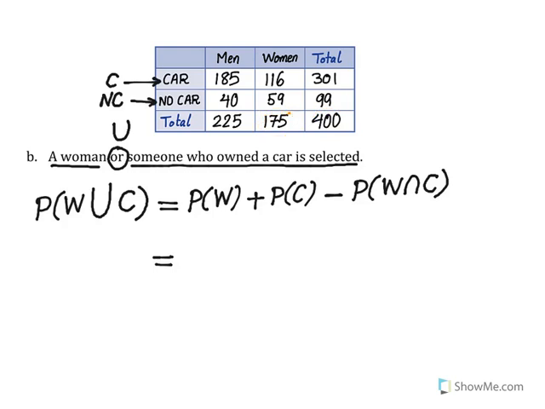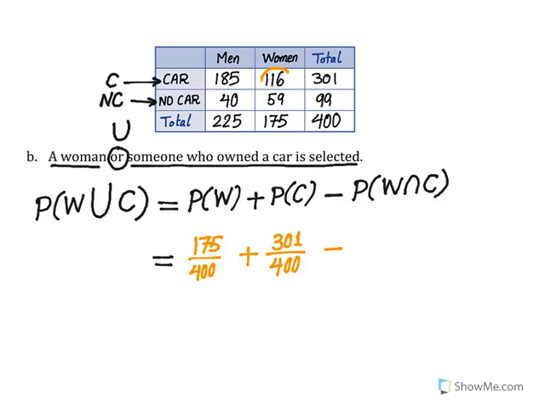So I will write this: 175 out of 400 plus the probability of owning a car. So we have 301 people who own cars, out of the total 400, minus, and let's just take this out, minus, now what's the probability of a woman and owns a car?